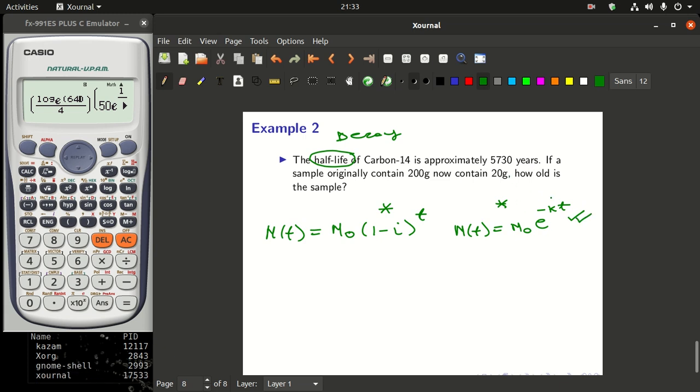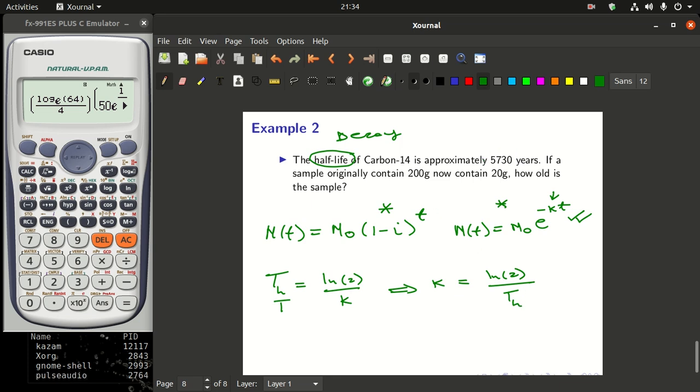And now we just want to find the value of k using the half-life. We know that t sub h is equal to ln of 2 divided by k. If you cross multiply here, this goes there and this goes down this side, you will end up having k equal to ln 2 divided by t sub h.